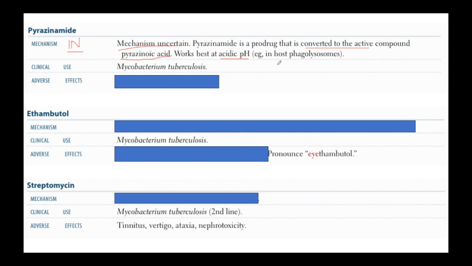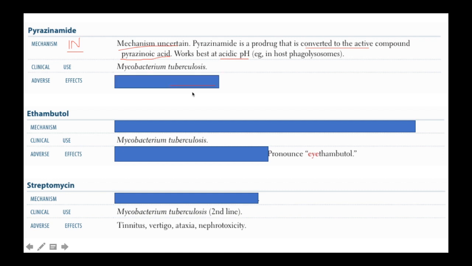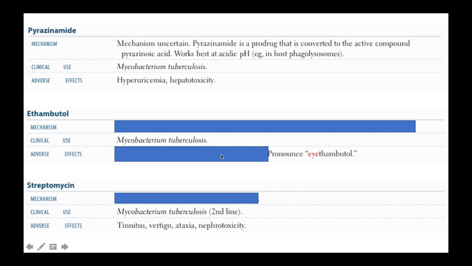SLE induced drug. That was isoniazid. So pyrazinamide has hepatotoxicity as well as hyperuricemia. But we care more about hepatotoxicity here. Because if you're taking this drug in combination with isoniazid, both of these drugs cause hepatotoxicity, so it can be one on top of the other, you're just making it worse. So pyrazinamide and ethambutol are discontinued after a certain amount of time to avoid that.